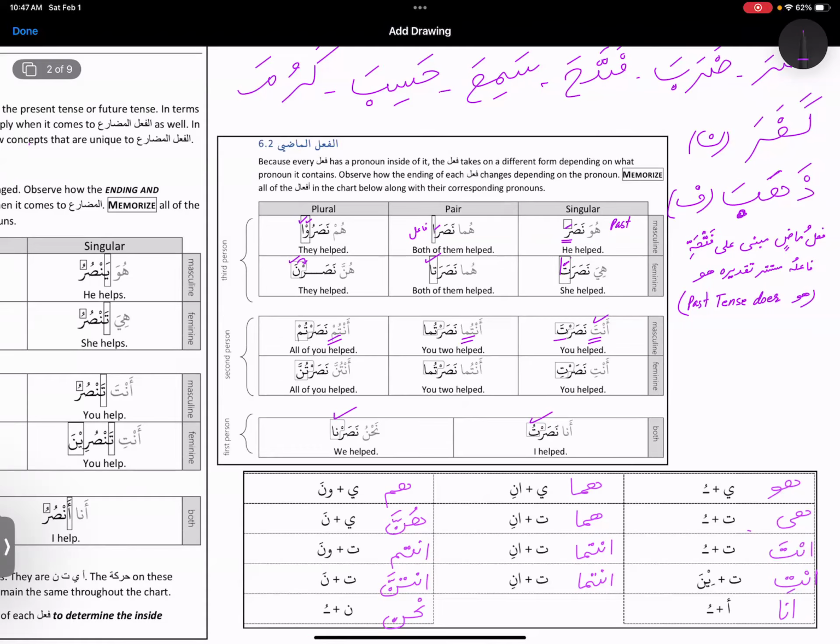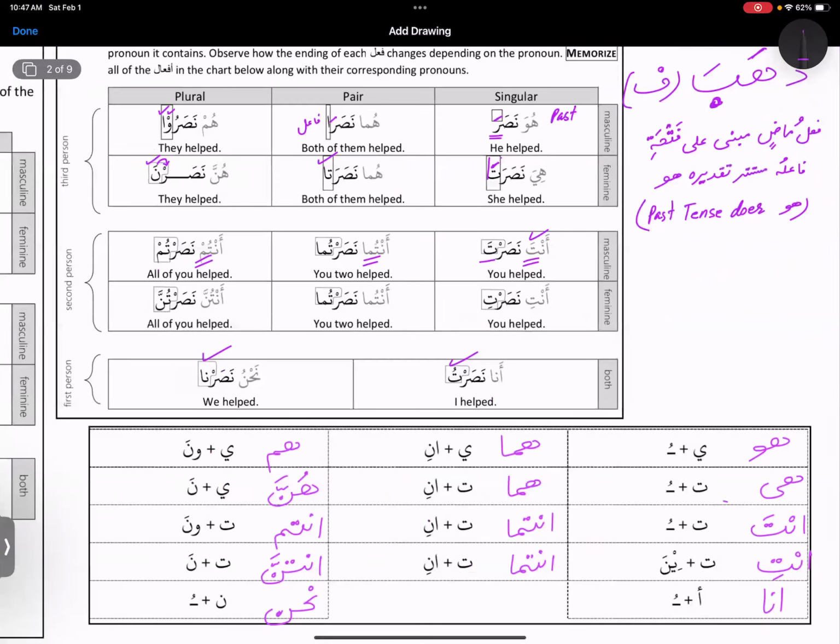Over here you see they are giving us a sign for mudariya. I need to convert my madi into mudariya. So when I convert my madi into mudariya, the version is going to start with ya and end on dhamma.